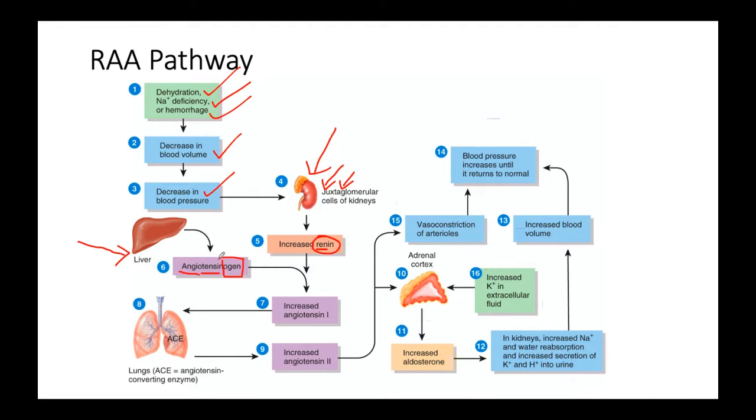Now remember, anything that ends in ogin is inactive, like glycogen, it's inactive. Pepsinogen, it's inactive. So angiotensinogen, if we look at the name, angio is blood vessel, tensin has something to do with tension.